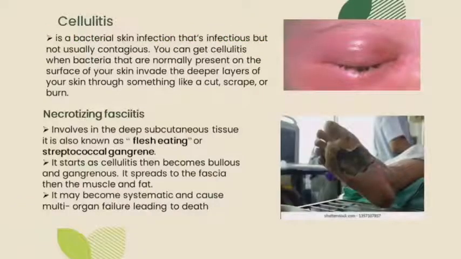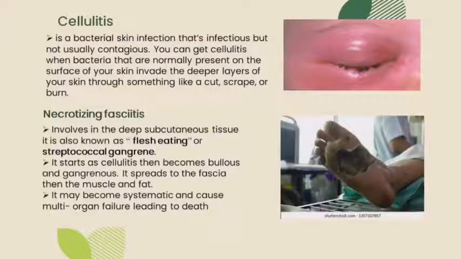Cellulitis is a bacterial skin infection but not usually contagious. You can get cellulitis when bacteria that are normally present on the surface of your skin invade the deeper layers of your skin through something like a cut, scrape, or burn.